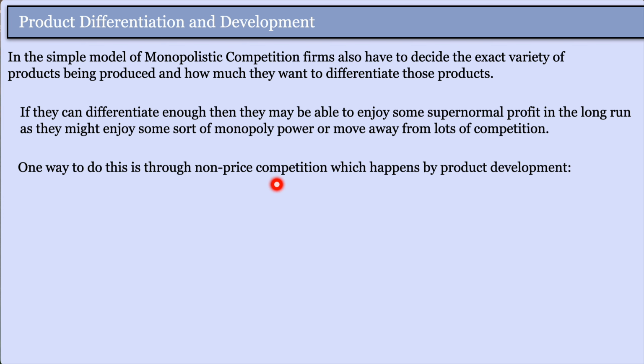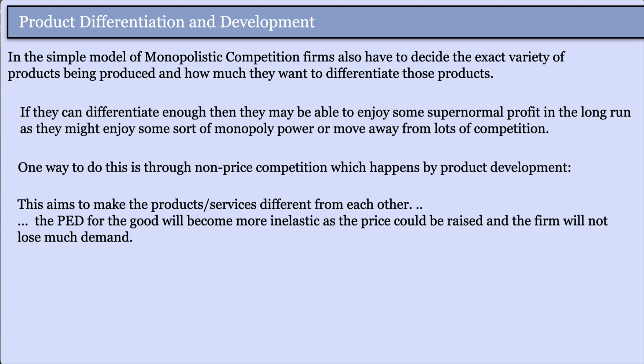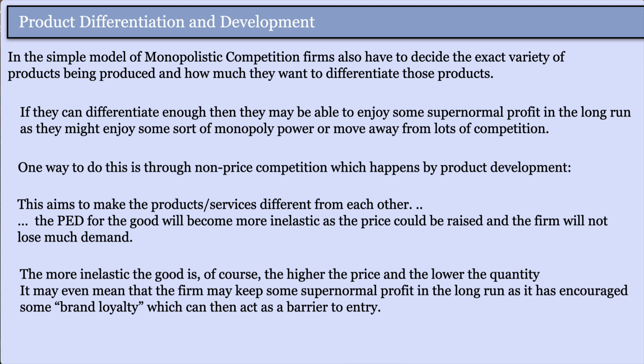So one way to do that is through non-price competition. In other words, you make your products more and more different. The PED becomes more inelastic, so you can raise your price a bit more and not lose too much demand. And the more inelastic, you get this brand loyalty as well coming through, and then that acts as a barrier to entry for other firms.